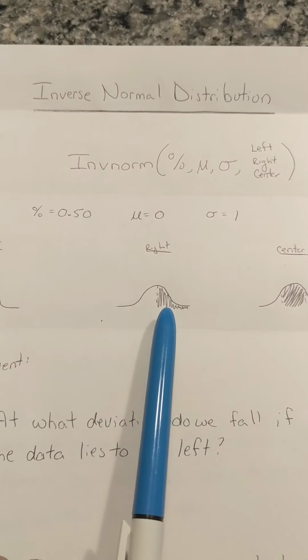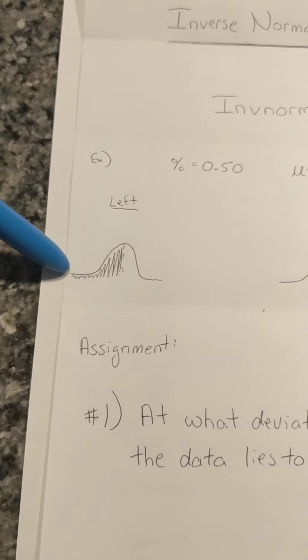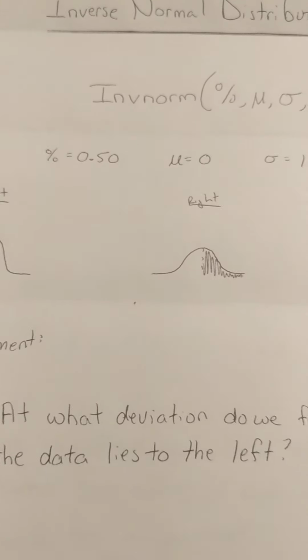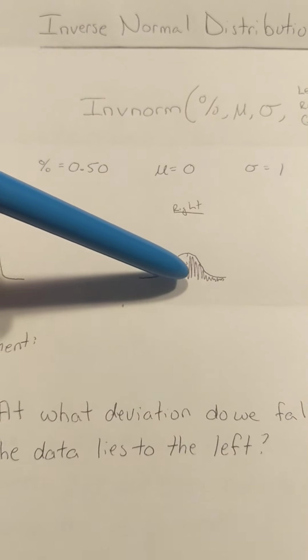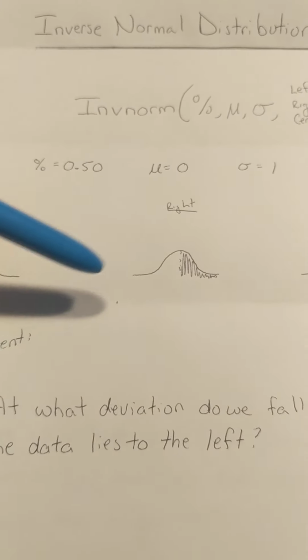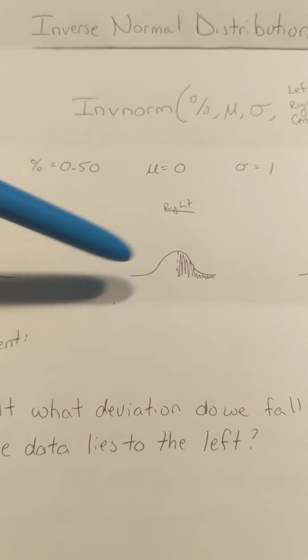So this is an example where I am covering 50% of the data, and 50% of the data is to the left. If 50% of the data is above my deviation or above my location, it would look like this because it's to the right. And if I am in between two deviations, 50% of the data would fall in between.